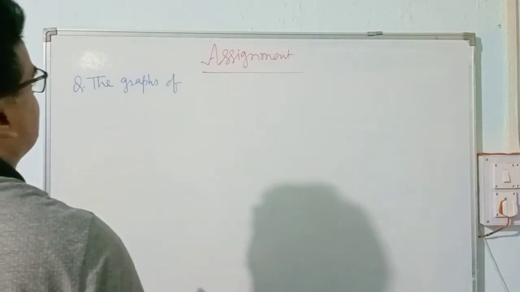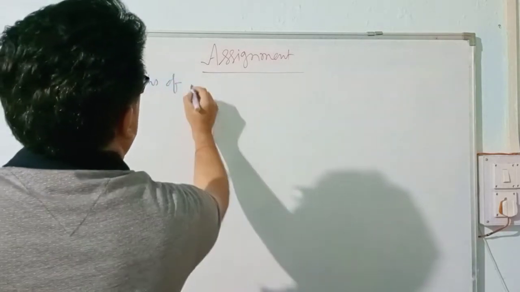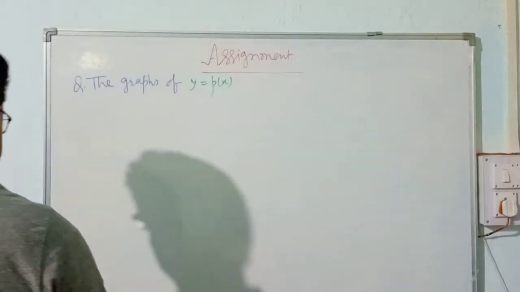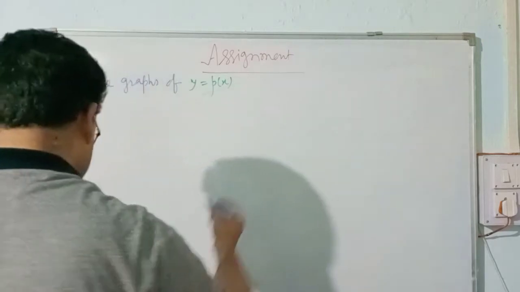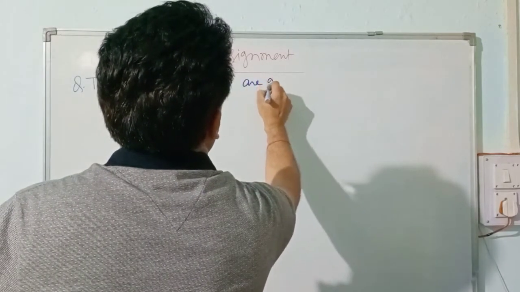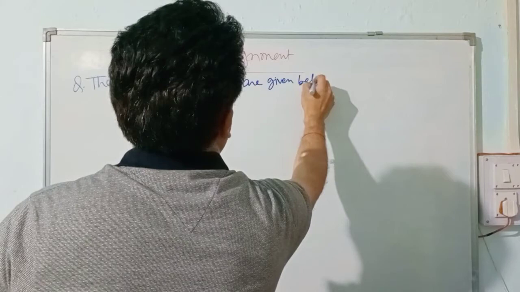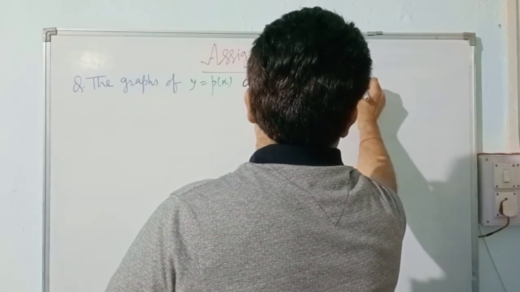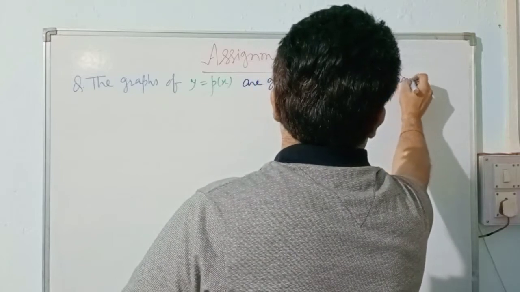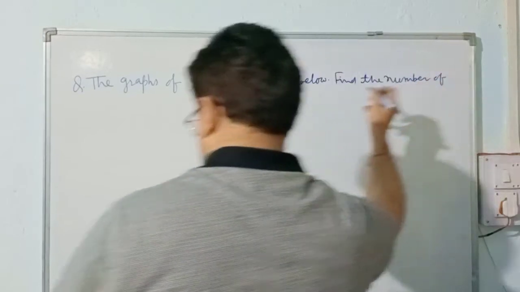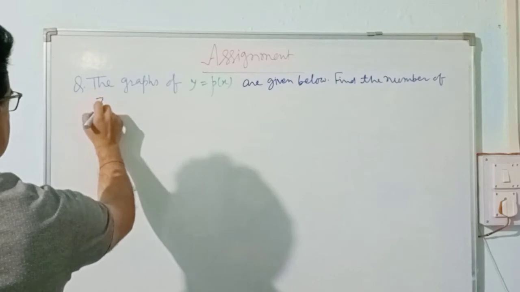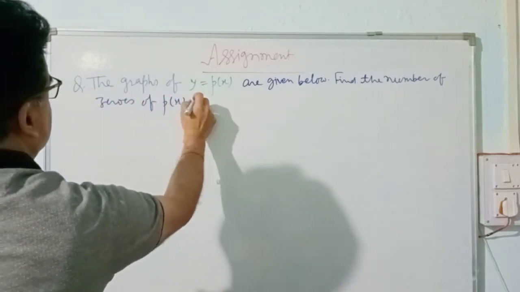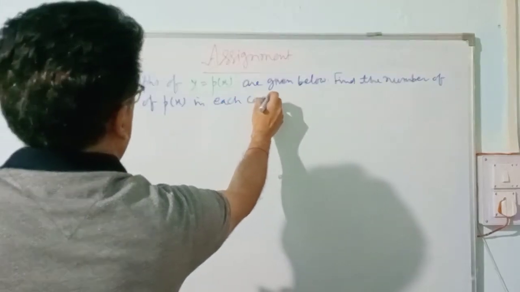The graphs of y equal to p(x) are given below. Find the number of zeros of p(x) in each case.